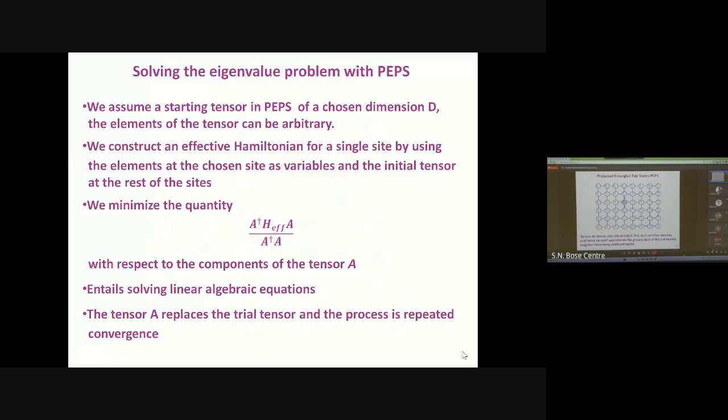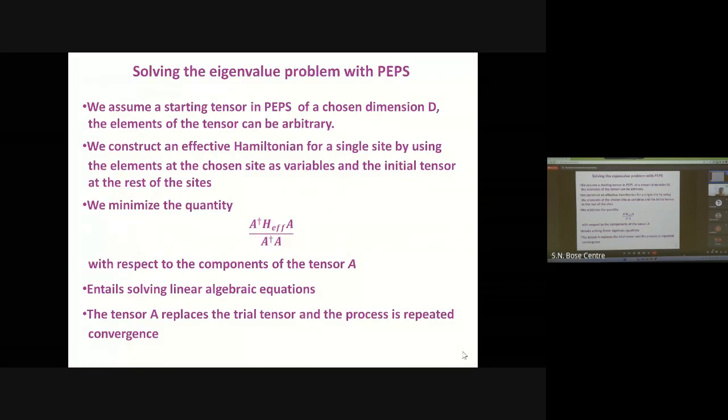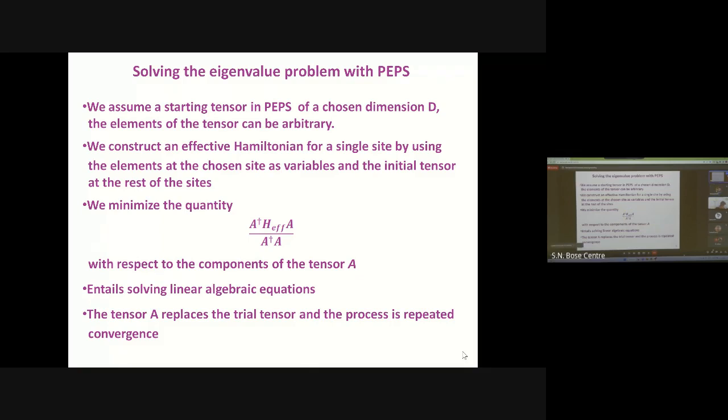And if you want to solve the eigenvalue problem, you can construct it for one particular matrix. You can start with a set of random matrices, all of them identical, and you can get an effective Hamiltonian for only one site in terms of one matrix. So now if it's an m by m matrix, you have m squared unknowns.